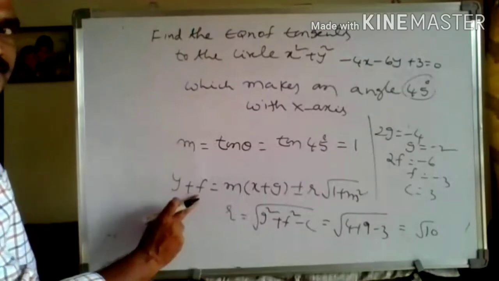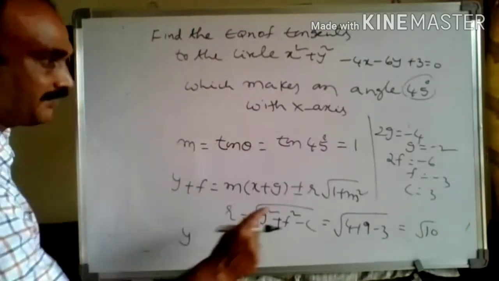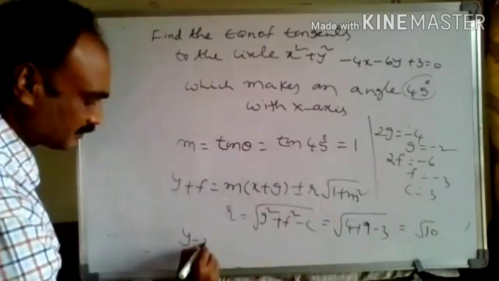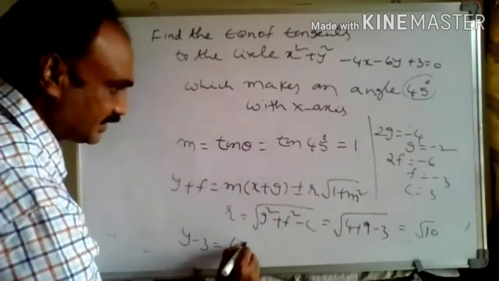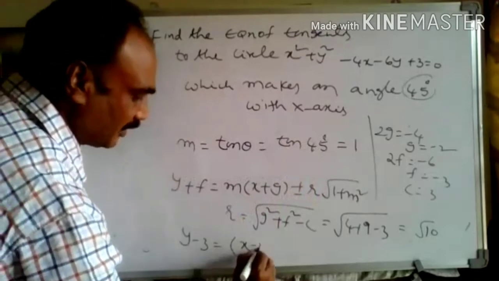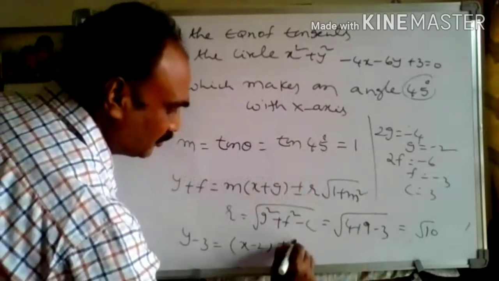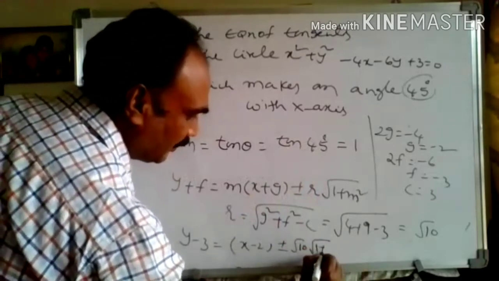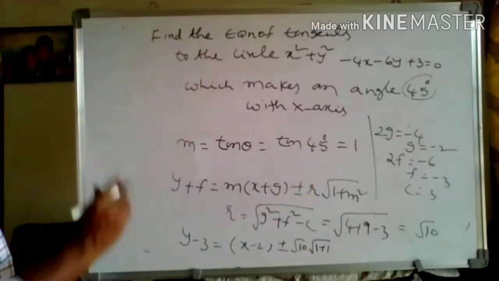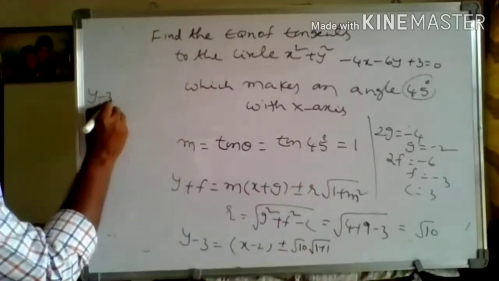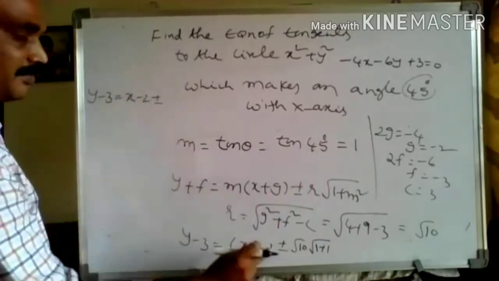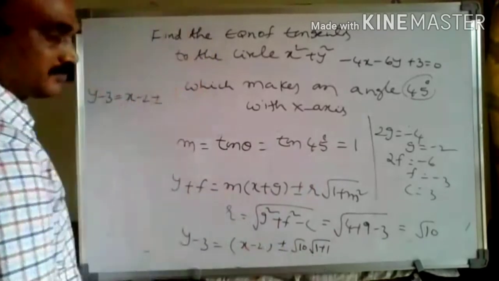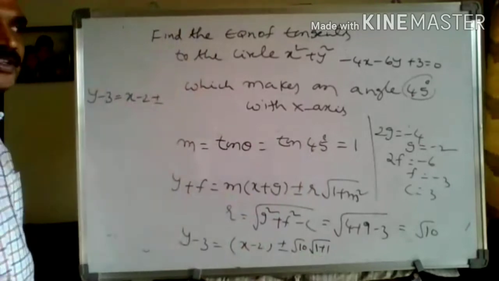Therefore the equation of the tangent is y + f, that is y − 3 = m(x + g), with m = 1 and g = −2, plus or minus r = √10 into √(1 + m²). So the final answer is y − 3 = x − 2 ± √20, and √20 is √(4 × 5) = 2√5.